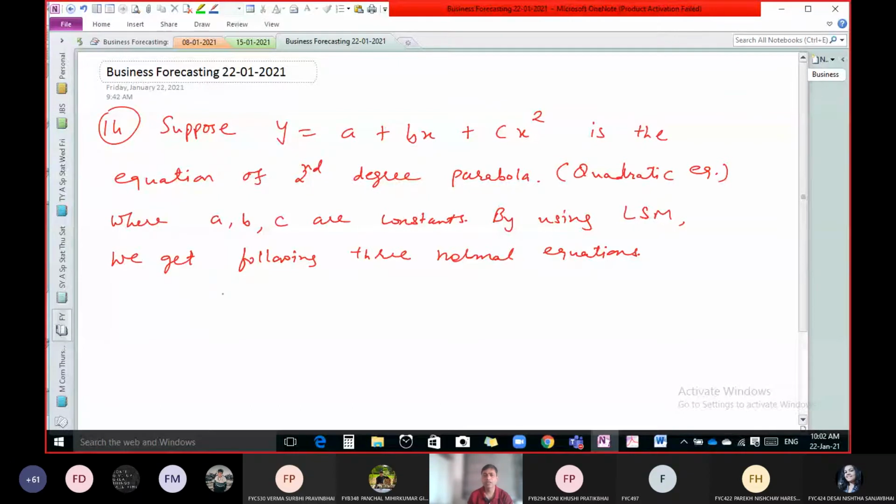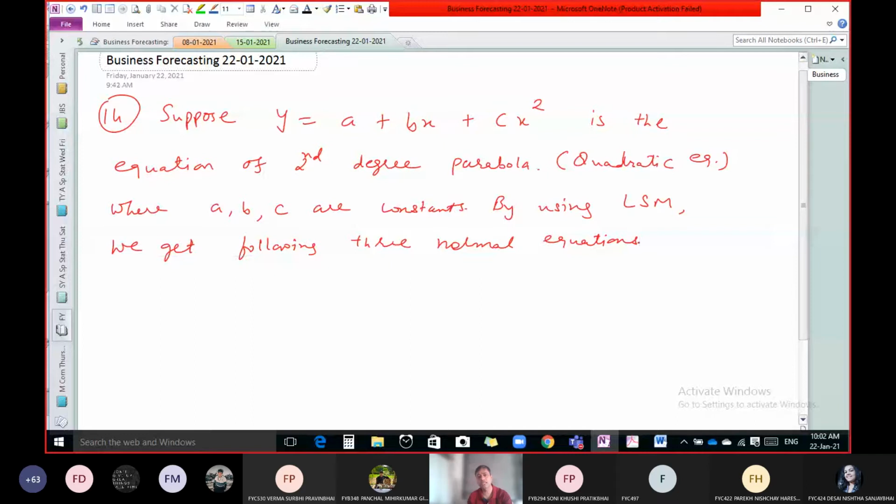You are familiar with 2 normal equations for the straight line. Anyone can say the 2 equations of straight line?